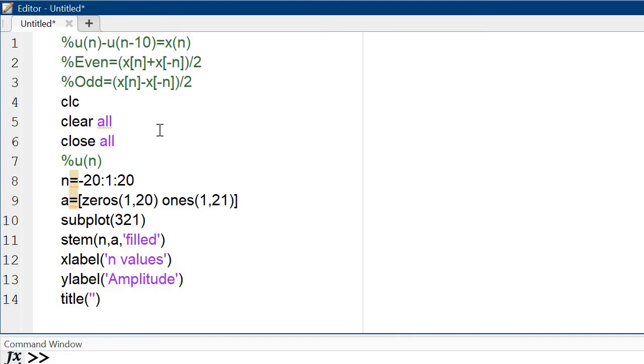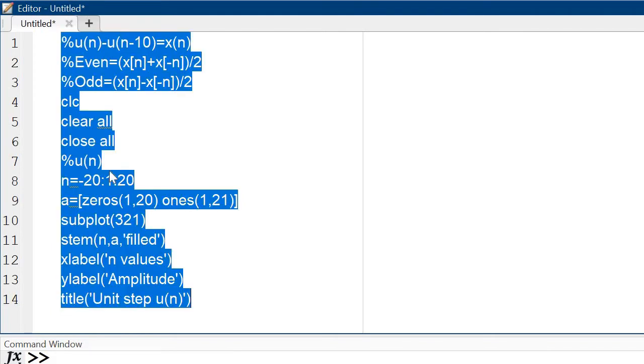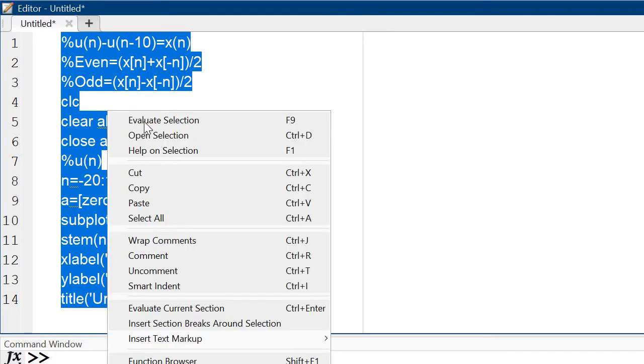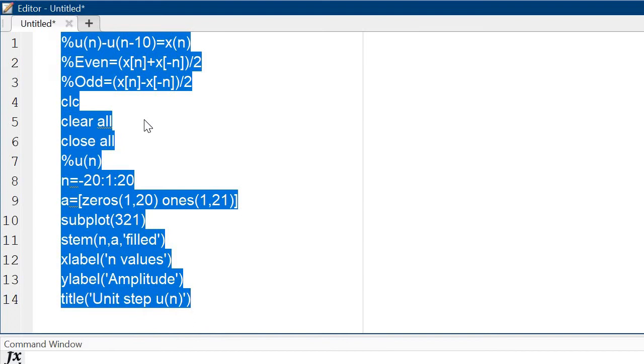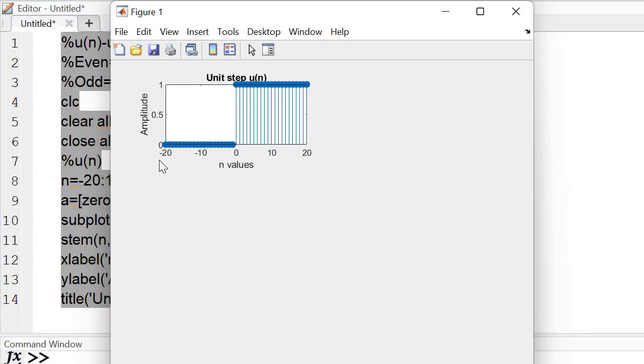That is unit step u of n. Write it. Clear? Now, first of all, I will show you the output of this one. This is minus 20 to 20, and because of the fill in the stem, these are dark signals, in the case of this unit step.